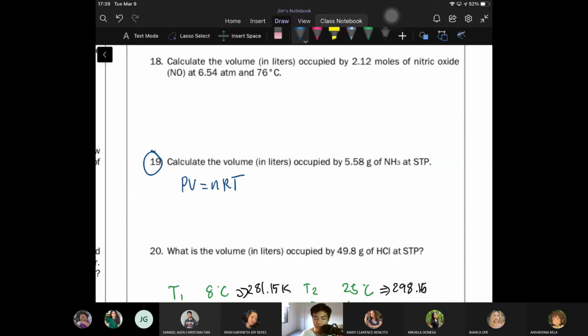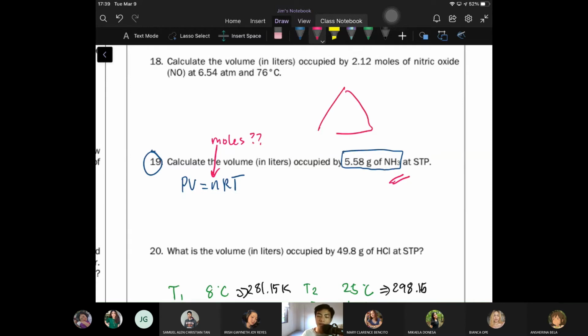Anong info na meron tayo sa problem? We are given the mass of ammonia. Pero, sa ating equation, ang gusto niya ay moles. Ang given sa atin ay mass. Paano yon? So we can convert mass into moles using mass-mole relationship sa stoichiometry, di ba?